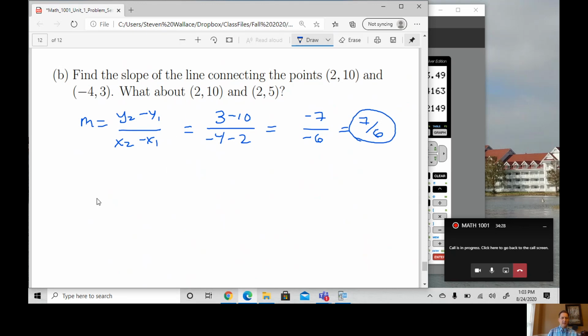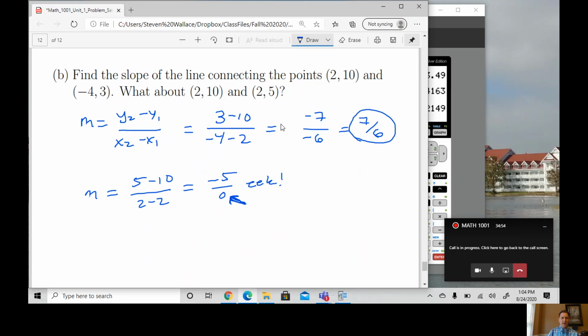What if we did it this way? Well, for the second part, we get 5 minus 10 over 2 minus 2. But this is a problem, right? There is no slope connecting points that are above one another.